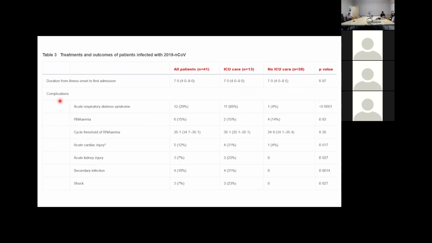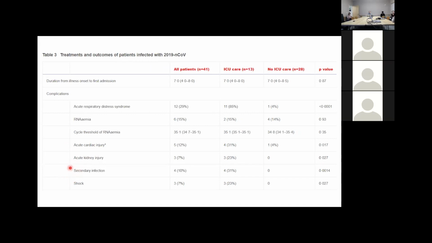So the complications that have been reported: acute respiratory distress syndrome, viremia is reported, and then what look like other multi-organ involvement other than the respiratory tract. So there's now some evidence for a direct viral effect on the heart, possibly on the kidney.